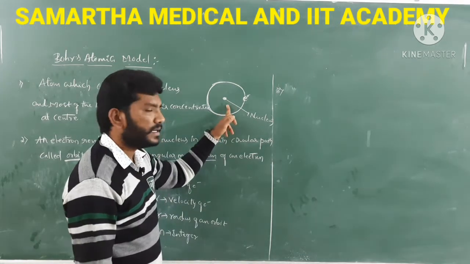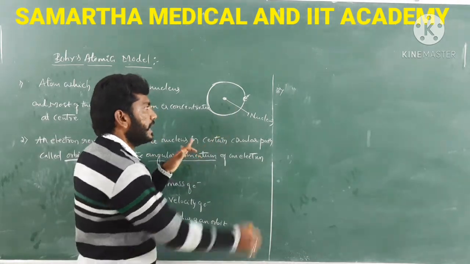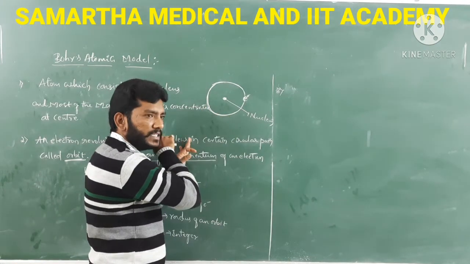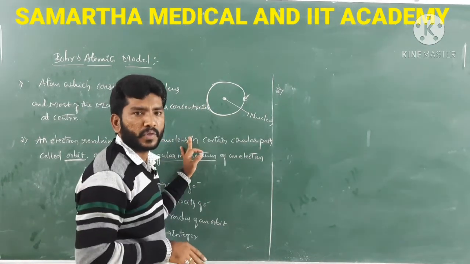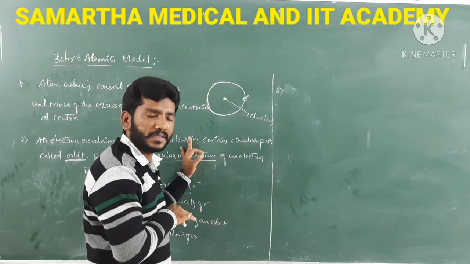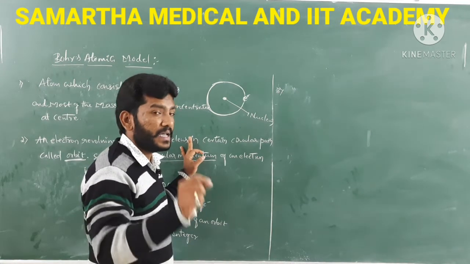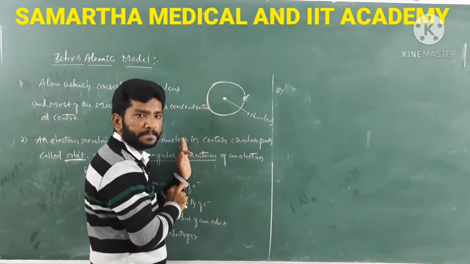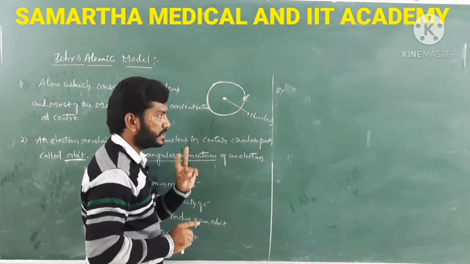But the third postulate would be: as long as the electron is revolving around the nucleus, energy is not emitted. So the electron does not emit energy, which means the energy of an electron is constant in a particular orbit. This is the third postulate.